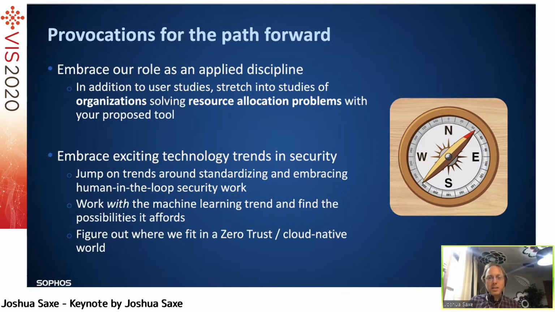It's important to see where the puck is going, so to speak, and skate in the direction of the puck versus just take a swing at the puck where it is right now. Some of those trends, I'll talk about these in a minute, are around providing human-in-the-loop security services to small businesses. I think that's an area where our work can have a lot of impact. Machine learning is obviously a trend, and zero trust and remote work are also trends, which I'll talk about in the next few slides.